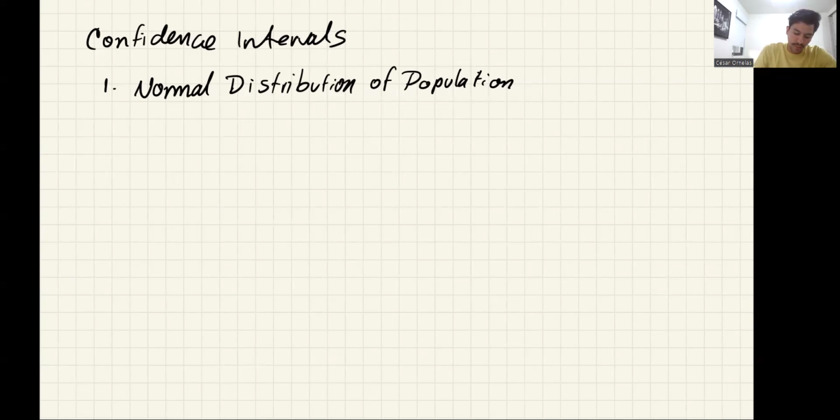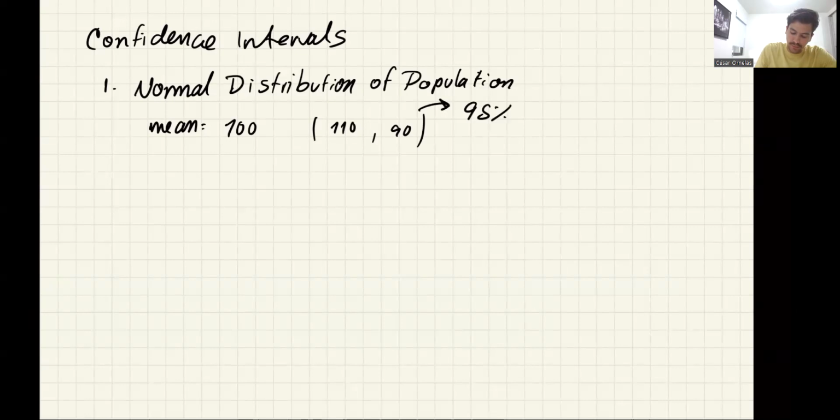So if we have a selection of a sample that the mean is 100, we need to know where all the values are going to be. So our confidence intervals are going to be between 110 and 90. So 95% of these values are going to be between these numbers because our mean is 100.